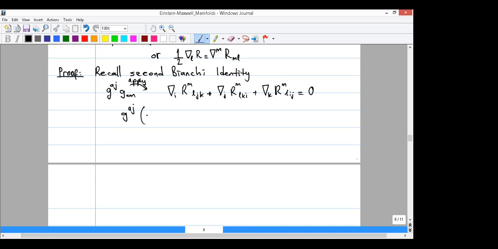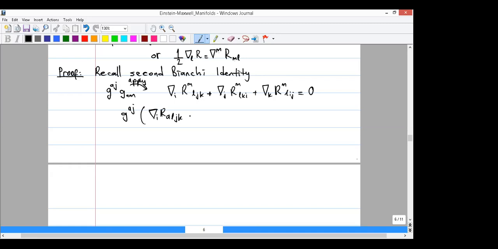You can just go inside of the covariant derivative due to metric compatibility, so that it lowers this m index.